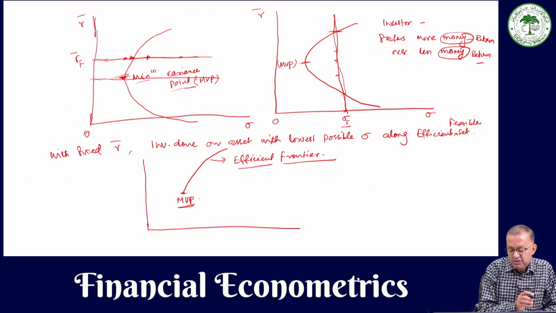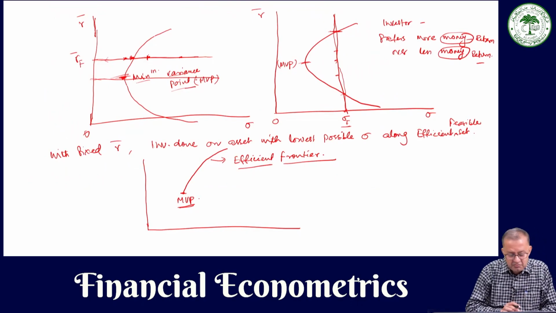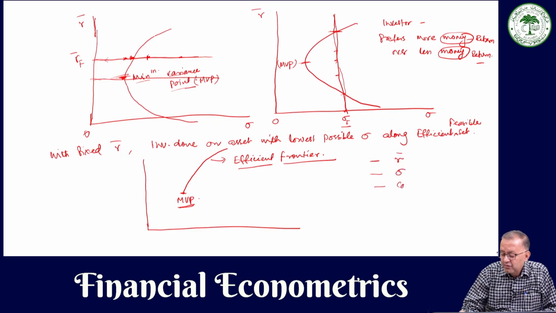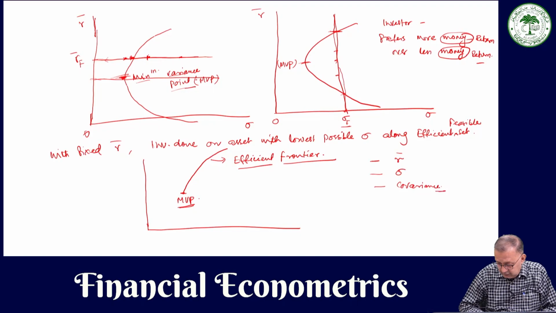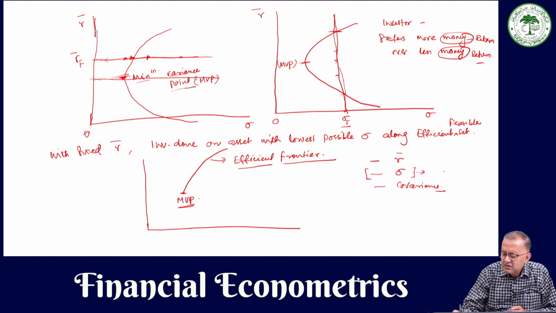Now, what I told you is that decisions are taken by the investor on the basis of mean rate of return, on the basis of sigma, and on the basis of the covariance. The variability term, the sigma term, is an indicator of the risk factor.